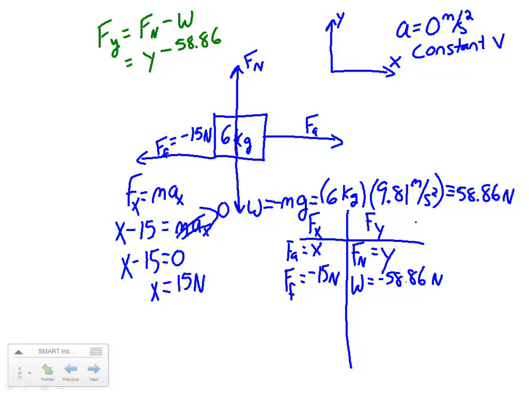Just like up here, I'm going to do mass times acceleration in the y, and again, that's going to be 0. So 0 equals y minus 58.86. So the y force, the normal force, is 58.86 newtons.